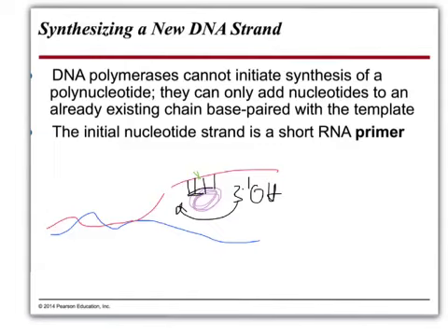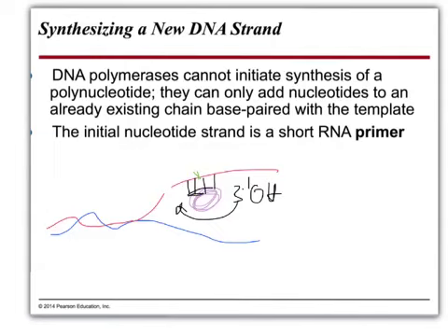What's going to happen to that RNA later? Is that RNA structure going to stay in the DNA that's going to be passed on? Out. So the RNA won't be replicated. What's going to happen to that?